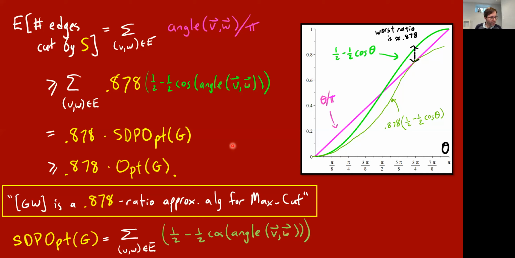Okay, there's a question. It says, is there any particular reason why we consider R^n instead of some other dimension in the relaxation? Say R^(log n). It's still a relaxation. Great question. So remember, in the SDP relaxation, it eventually turns out to be, find a unit vector for each vertex to maximize this expression.